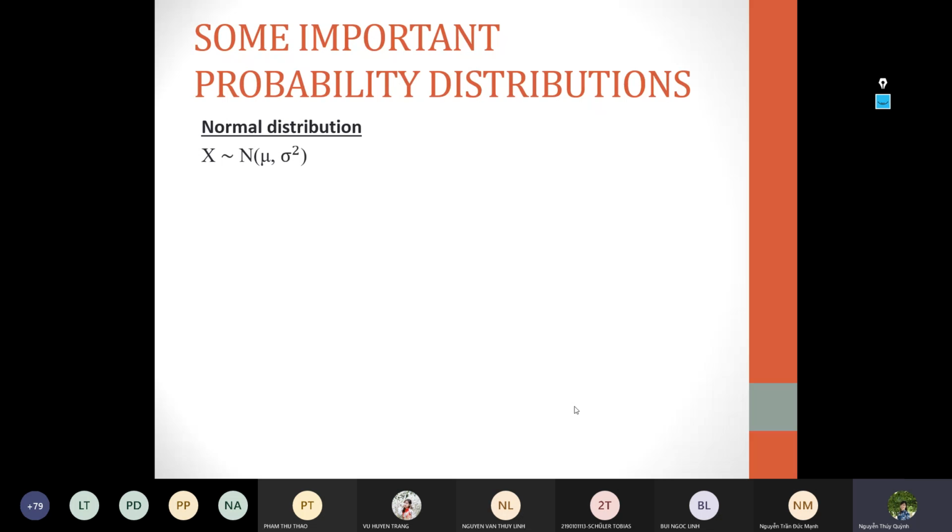For example, most of the distribution of stock market returns is assumed to be a normal distribution. All right. So if we have a variable x and x follows a normal distribution, we will write it like this: x follows a normal distribution. The normal distribution has two parameters, that is the mean mu and the variance sigma squared. The normal distribution is denoted as a big N here.